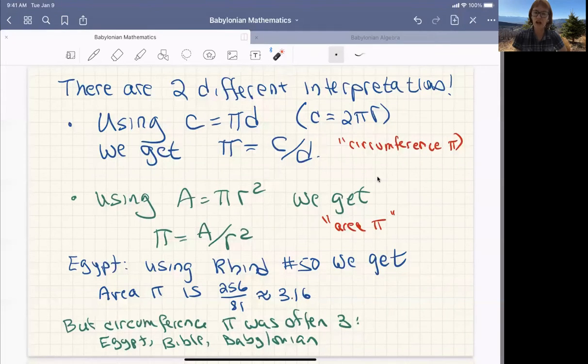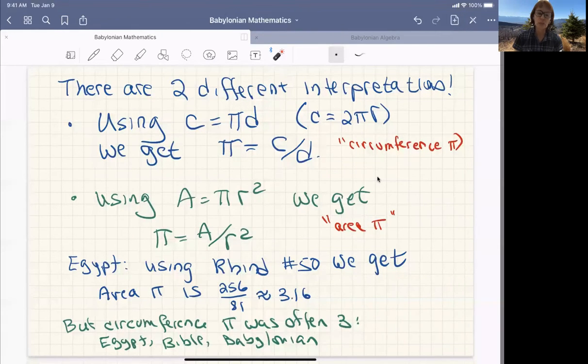Well, let's just solve for that number. That's going to be the area divided by the radius squared. So this is what I'm referring to as the area pi, the pi that you get by taking a ratio of the area to the square of the radius.